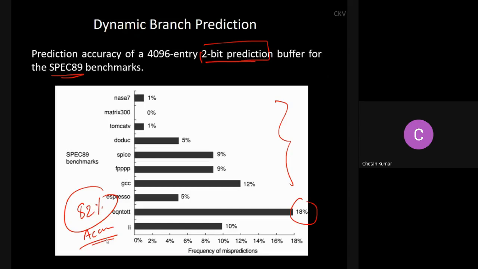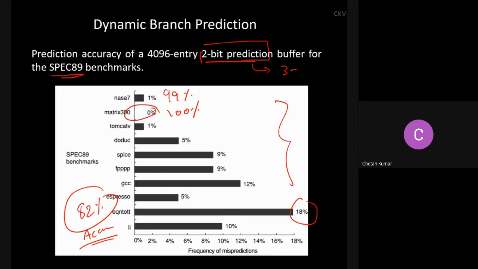That's a very good prediction scheme. If you use this prediction for some kind of betting, then maybe you'll become a billionaire. Again, don't use it, it might not work there. But at least for these SPEC benchmarks, the worst case is 82%, and the best case is almost 100%, or 99% accurate predictions, if you use only a 2-bit prediction buffer.